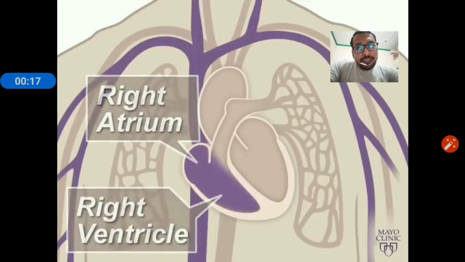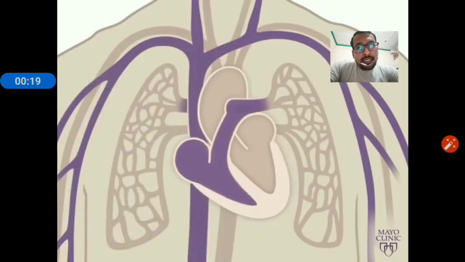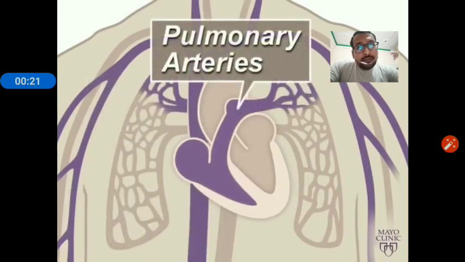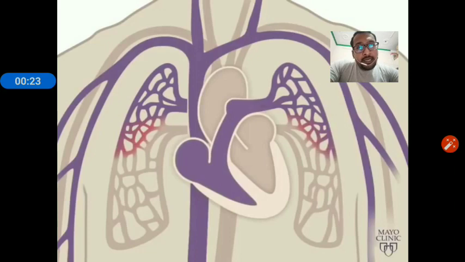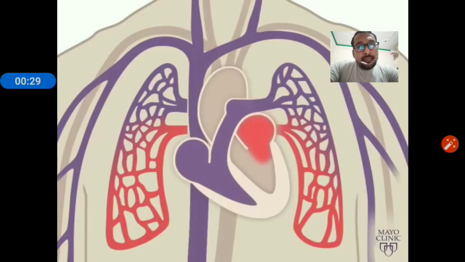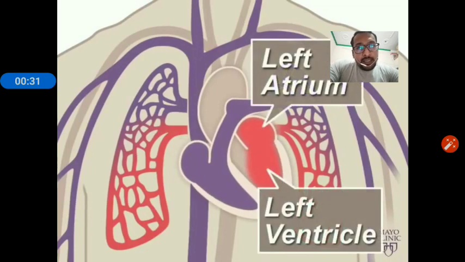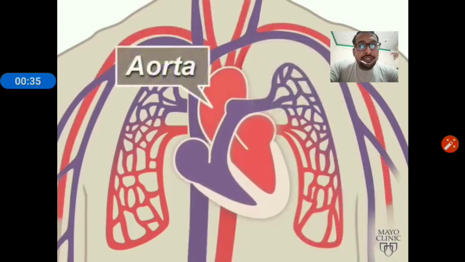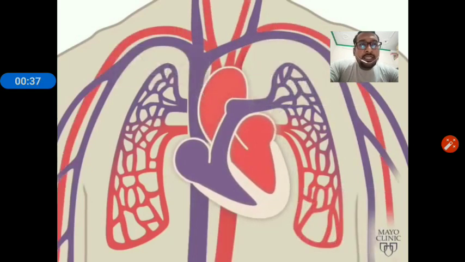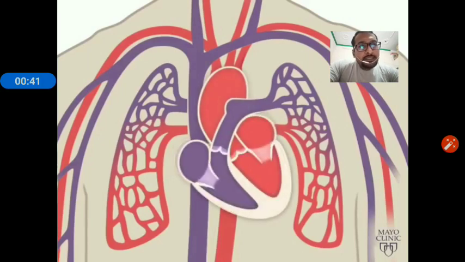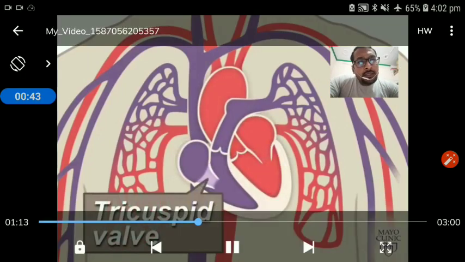The deoxygenated blood, the blood carrying carbon dioxide, is collected and sent to the lungs, and the lungs purify it, exchanging the gases, and the red color shows the oxygenated blood which is transported to all parts of the body. So this is what is shown in the video.